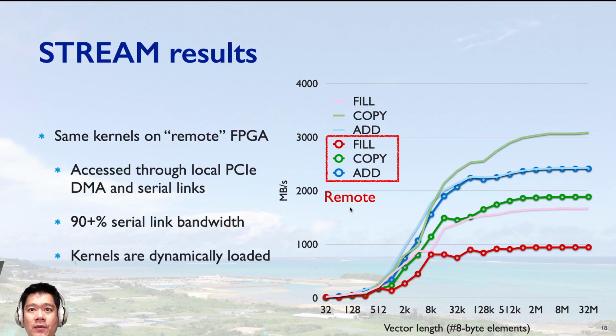And here is the result of the stream benchmark. These green, light blue and pink lines are just with PCI Express, and the other lines with circles are results from the remote FPGA beyond the serial link.